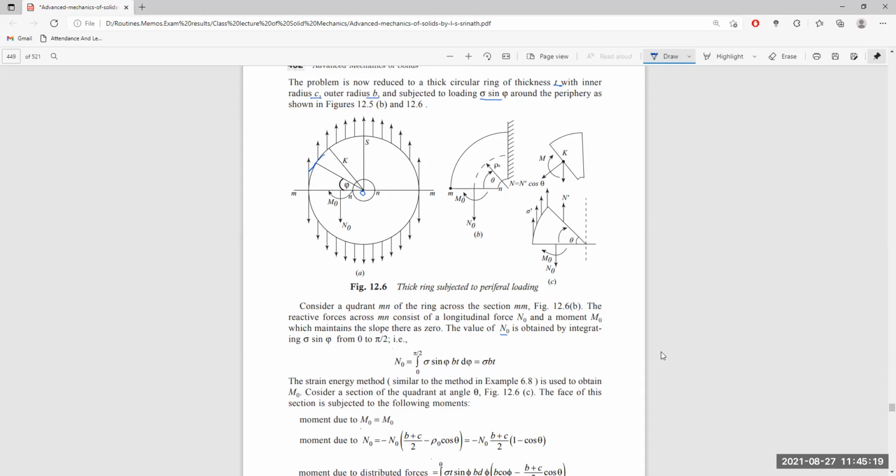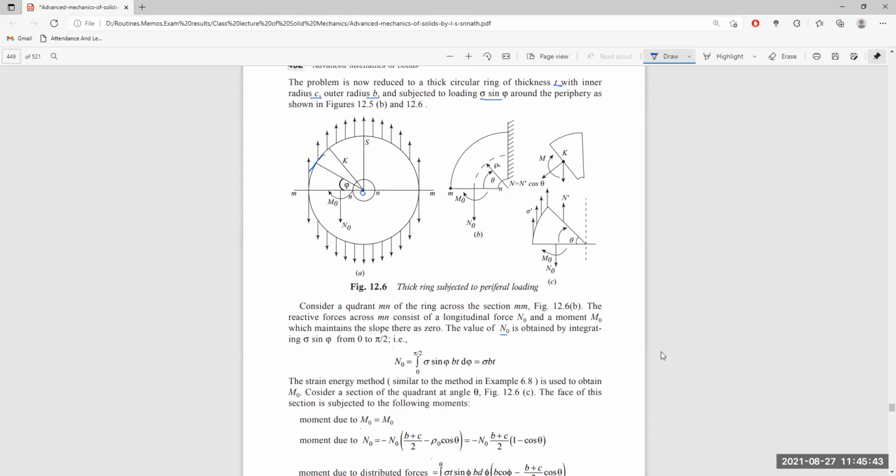We are to know the value of the maximum stress N0, which is exactly balanced by the force over the circumference of this portion of the circle. How can we do this? Force over the circumference is sigma sine phi, multiplied by the area.